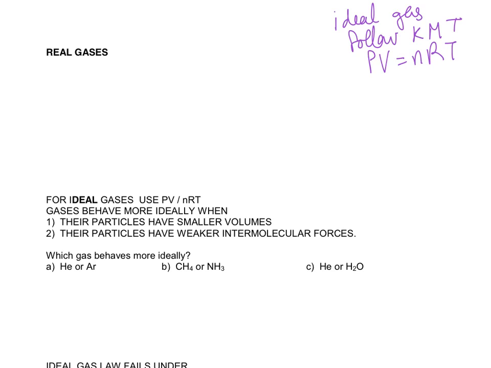Now you can always make that assumption because the gas particles are extremely tiny. There are huge spaces between them. And so compared to the container, the gas particles are almost negligible. So we say that their volume is zero. And so we really take just the volume of the container into account when we use PV equals nRT.